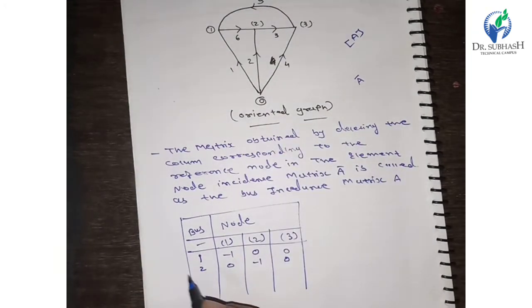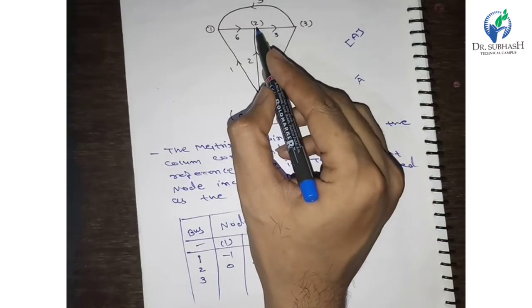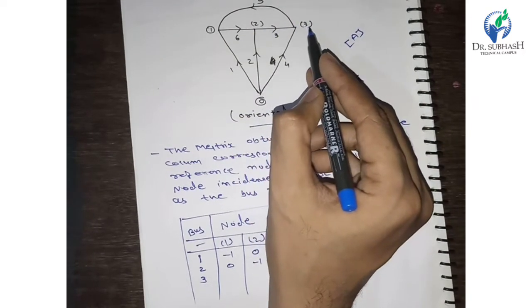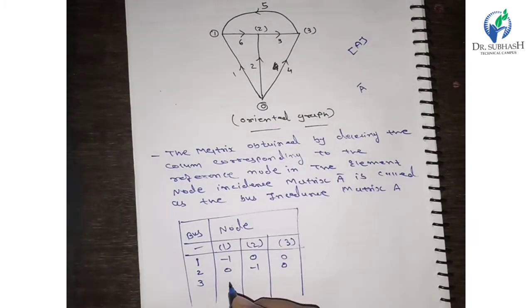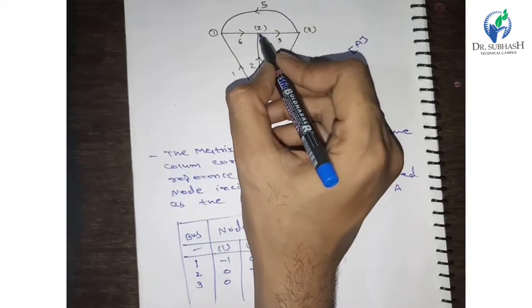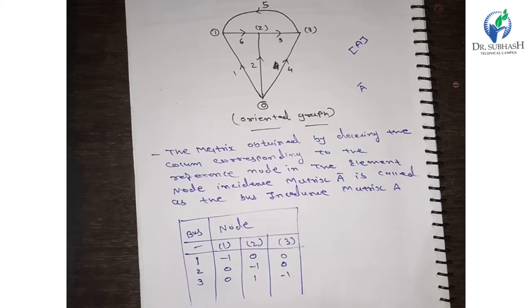Now bus 3 is connected between node 2 and node 3. So in node number 1 the value is 0. In node number 2 the value is +1, because the direction is from node 2 to node 3. In node 3 the value is -1.